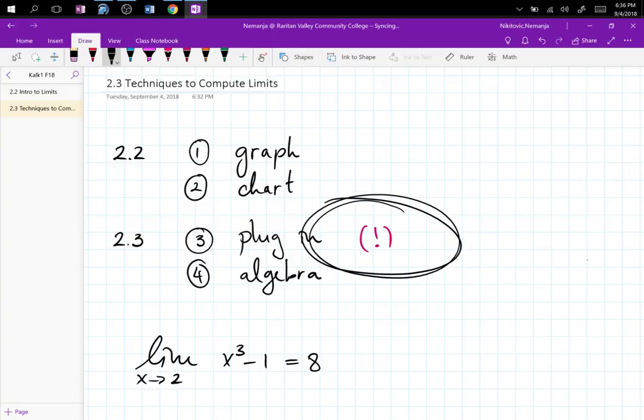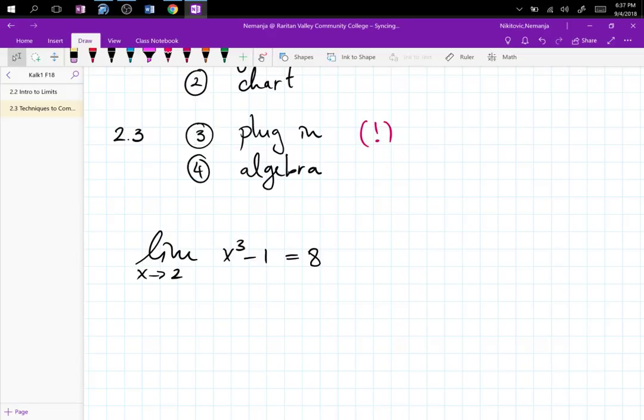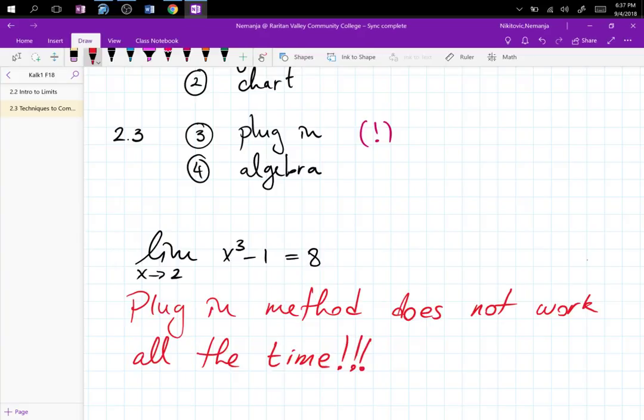So why the warning? Well, it doesn't work all the time. The plug-in method doesn't work all the time. Why and how?